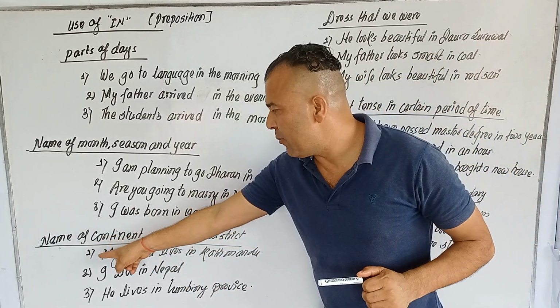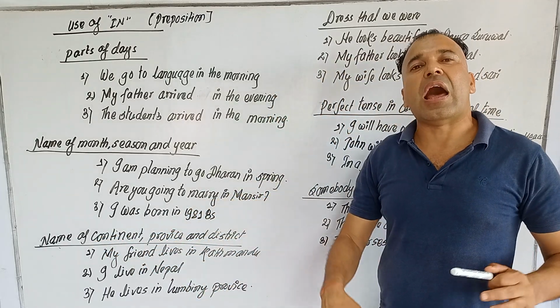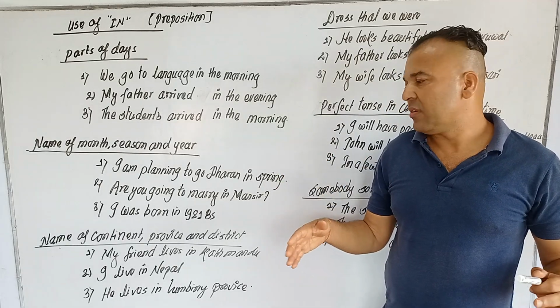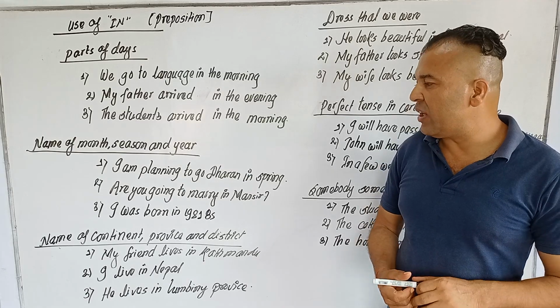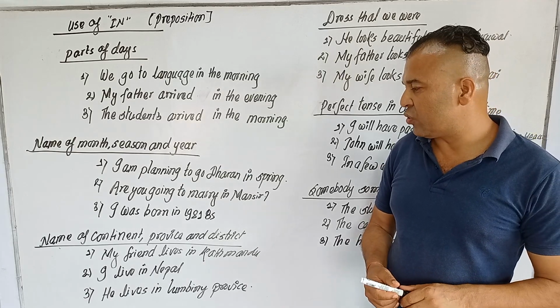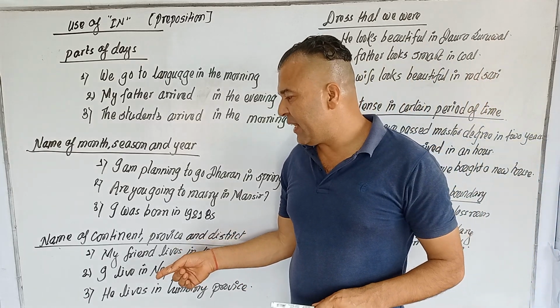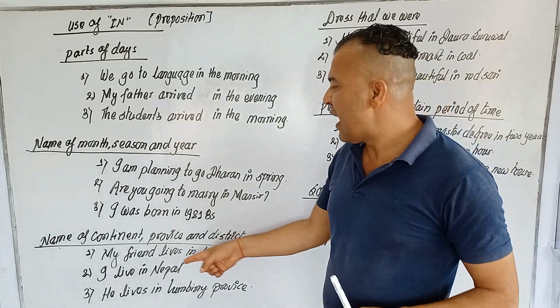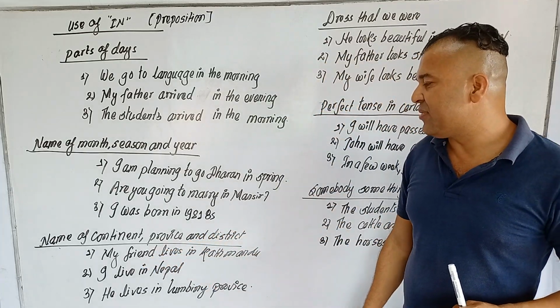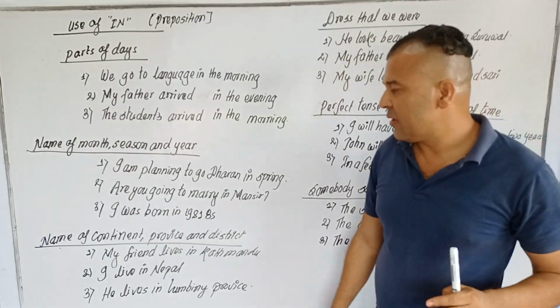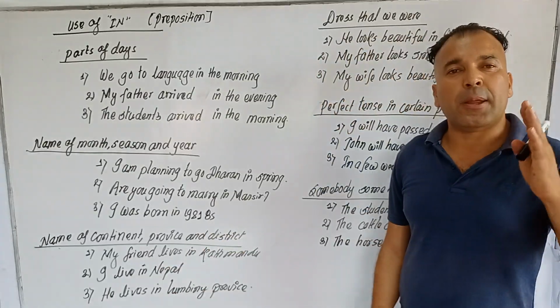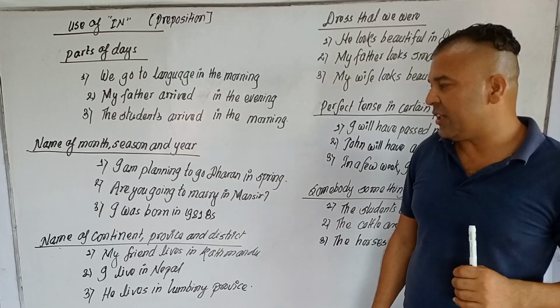Alright. Name of the continent, large place, province, district, country also, not only continent but country also. My friend lives in Kathmandu, a large place. I live in Nepal, a country.